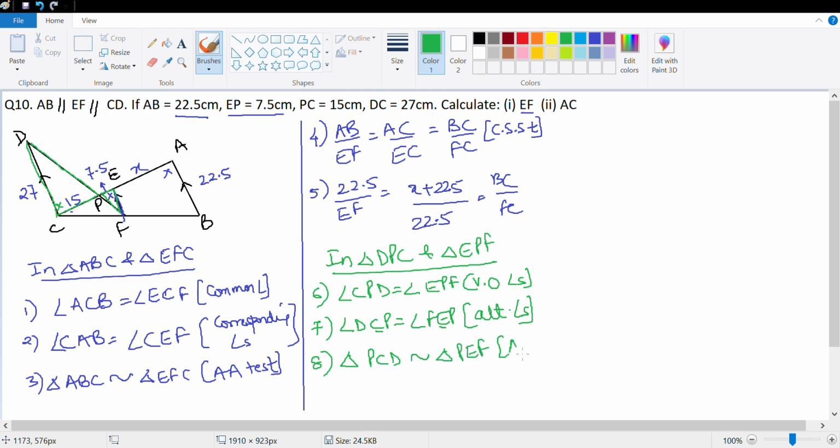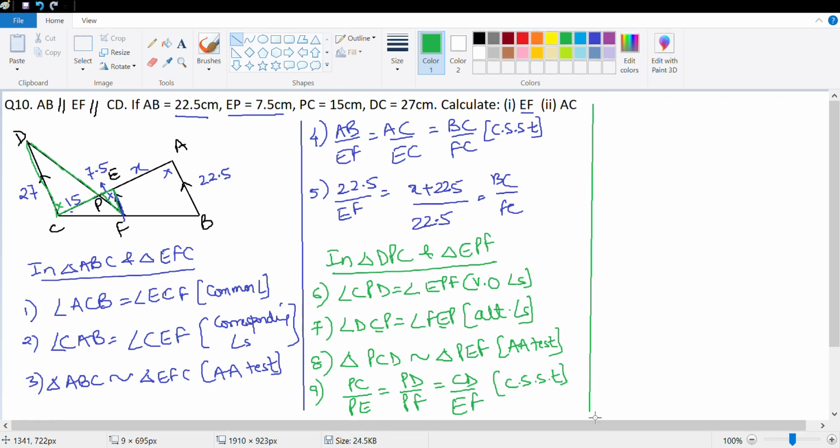This is AA test. Let's write the correspondence of the sides or the ratio of them. So PC upon PE would be equal to PD upon PF, which would be equal to CD upon EF. This is CSST. Let's see if I'll get something from here.